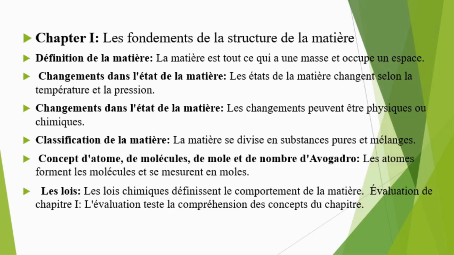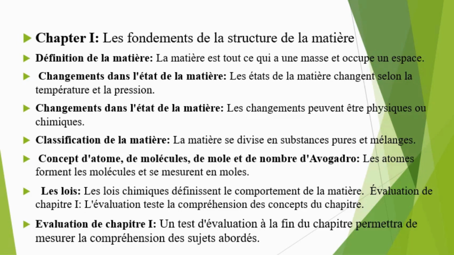And we move to definition of many concepts, concept of atom, molecule, mole, the number of Avogadro, and so on. And we finish with the rules or the laws of chemistry. We have many laws in chemistry. And we have also the evaluation, test or evaluation of chapter 1.